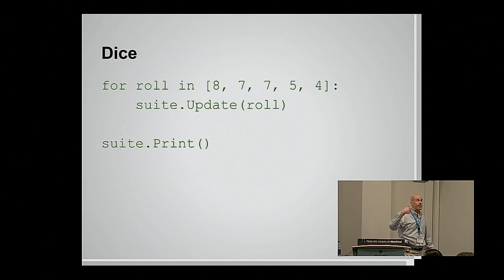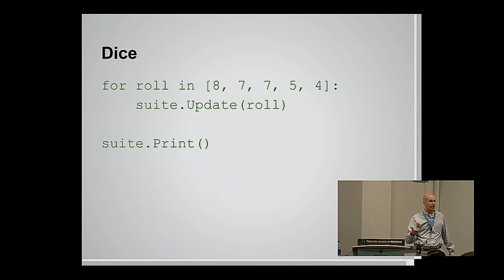So let's keep the same 6. Take that posterior distribution and now update it with a few more rolls of the die. This is the code that's in dice.py, so we actually already ran it. After rolling 6, 8, 7, 7, 5, 4, well, at this point we've ruled out the 6-sided die.